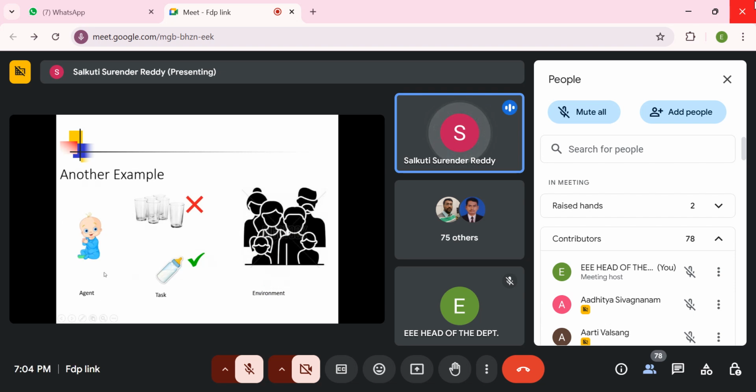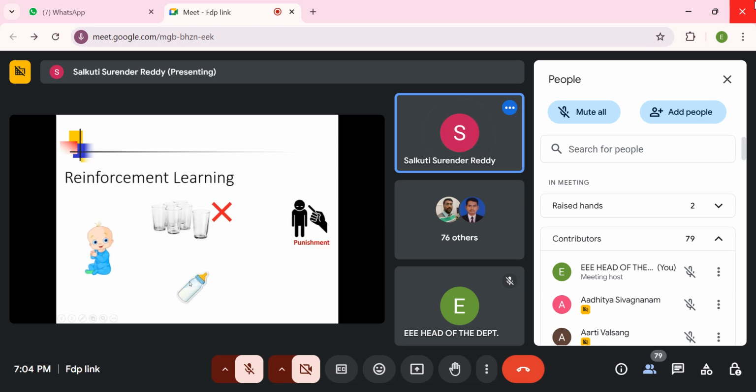Let's see another small example. Suppose a small baby is the agent, and the family is the environment. Once the baby uses the glass, which is not allowed, it gets punishment.